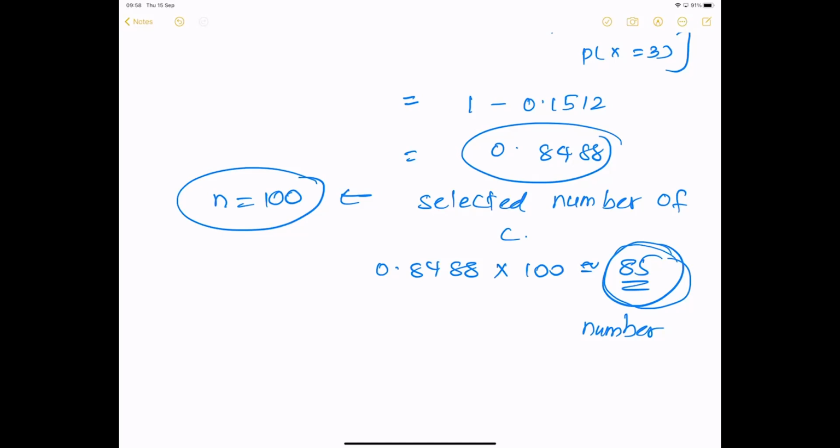So the sixth one: the number of defective items returned each day over 100 days at a shop is shown below, right? Assuming that the number of defective items may be approximated by a Poisson distribution, calculate the value of lambda and find the probability that, right? Let's see how to solve that one.